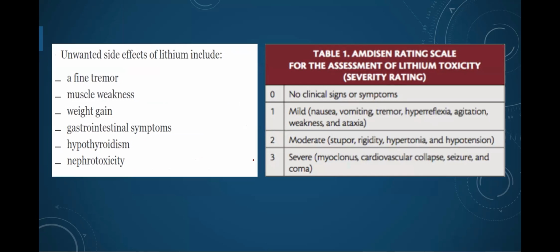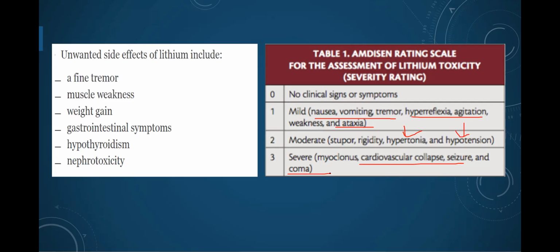How will you understand lithium toxicity in a patient? Normally, they come with nausea, vomiting, tremor, hyperreflexia, agitation, weakness, and ataxia. Sometimes they can have hypertonia or hypotension, and in severe cases, cardiovascular collapse, or the patient can even go into coma or seizure.